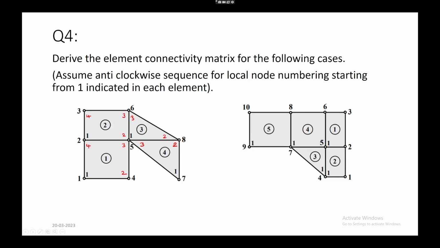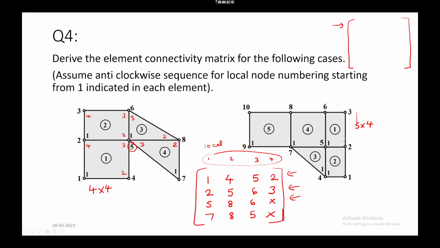Let me do the node numbering first. Okay, can you tell me row number 1 now? 5, 2, 3, 6. Yes.